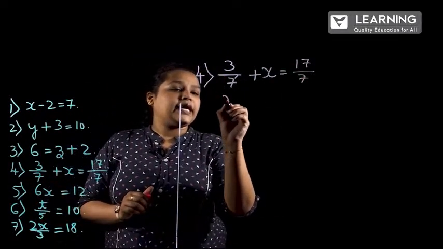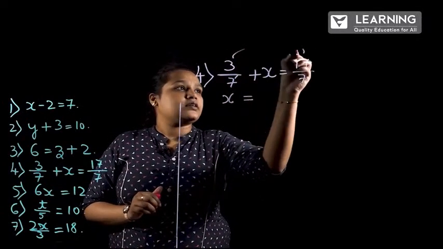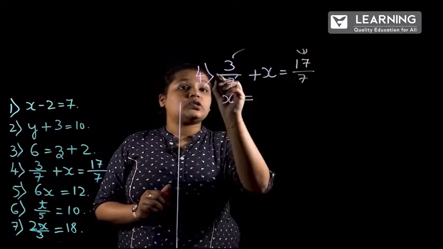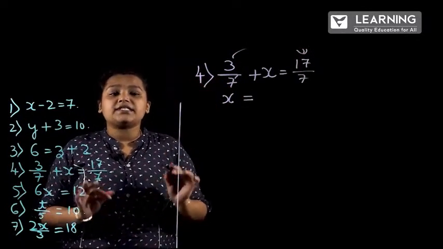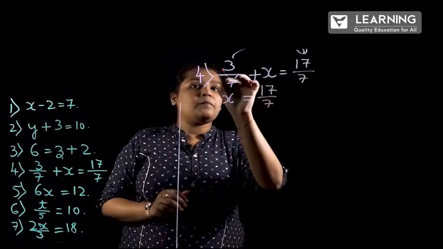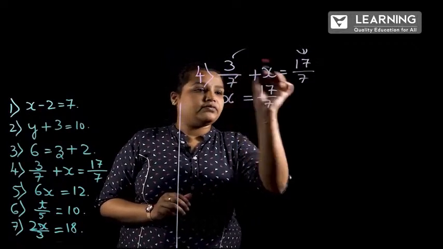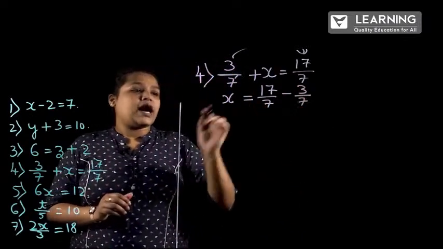Now we'll take the variable, that is x, to one side and we'll shift 3 by 7 to RHS. Here nothing is written before 3 by 7, which means it is positive. So x is 17 by 7 minus 3 by 7 when we move it to RHS.